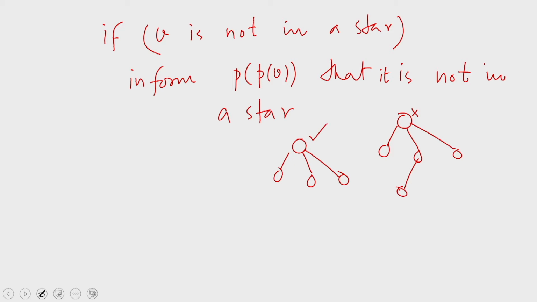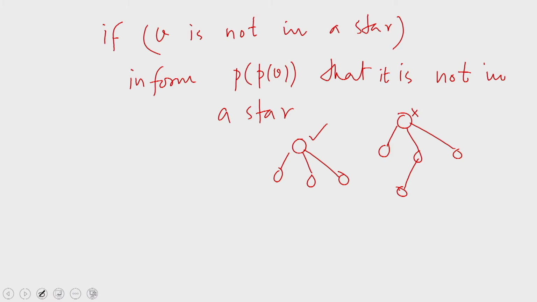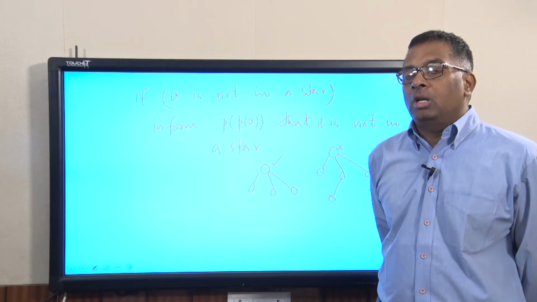So, all roots of stars have now identified themselves correctly, and all roots of non-stars also have identified themselves correctly. And once the information is available with the parent, the children can immediately see.